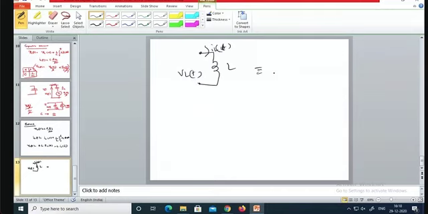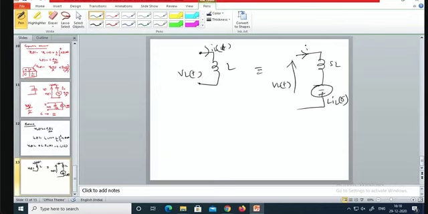This will be in Laplace domain. It will be SL, and in series with the voltage minus to plus, and this is VL of t as it is. So it is L into IL of 0 minus, and this is IL of t.